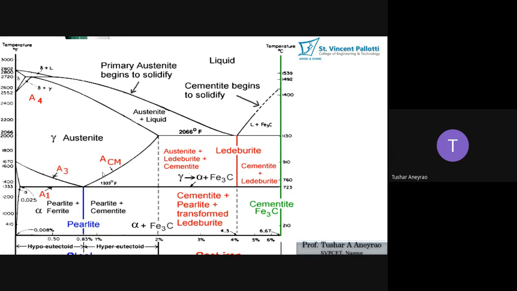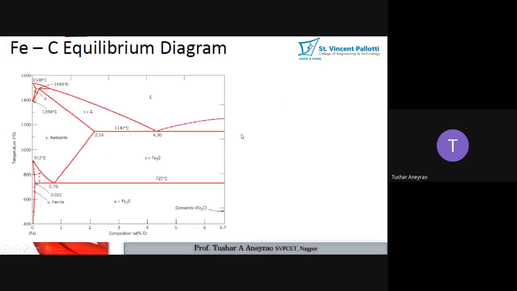Okay, and that ledeburite is also present in this mixture of austenite plus cementite, and here also that ledeburite is present. Okay, so is this part of the diagram clear in your mind? This is the eutectic reaction, right?